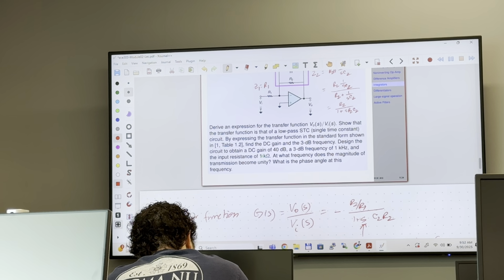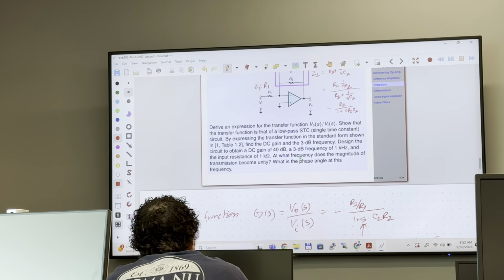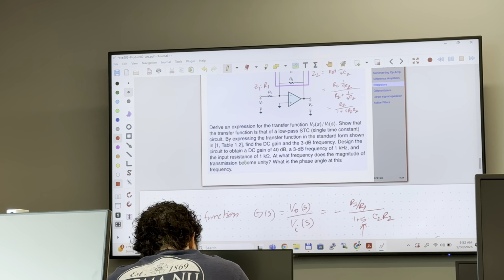Input resistance is 1 kilo. At what frequency does the magnitude of transmission become unity? What is the phase angle at this frequency?